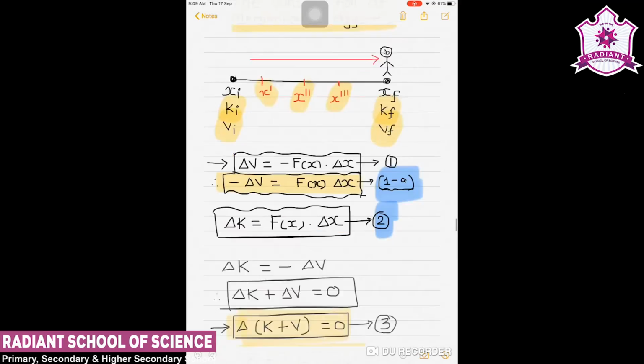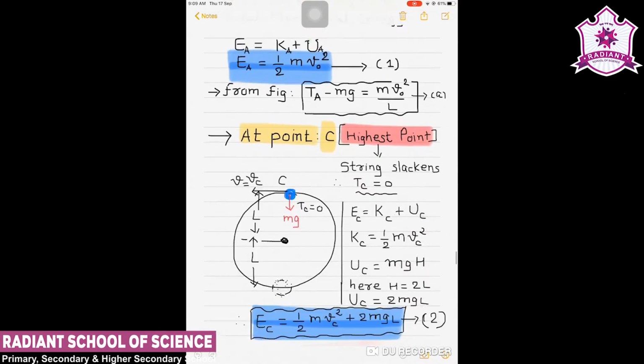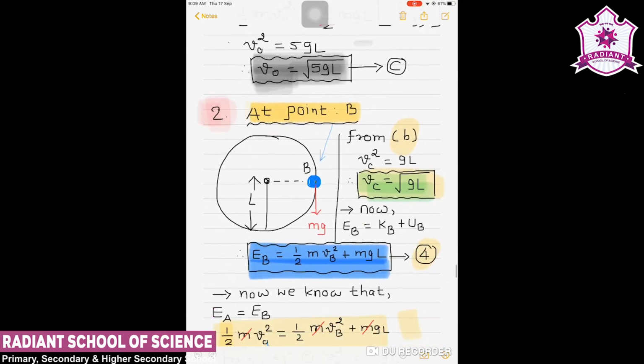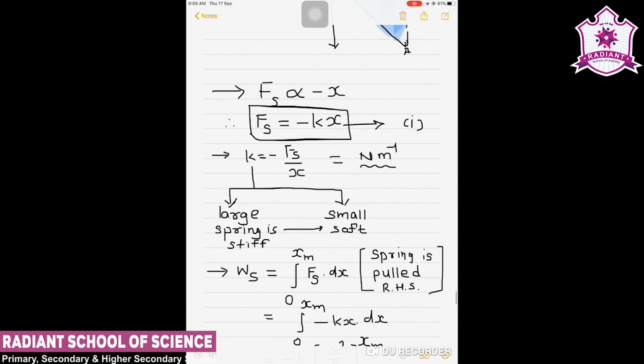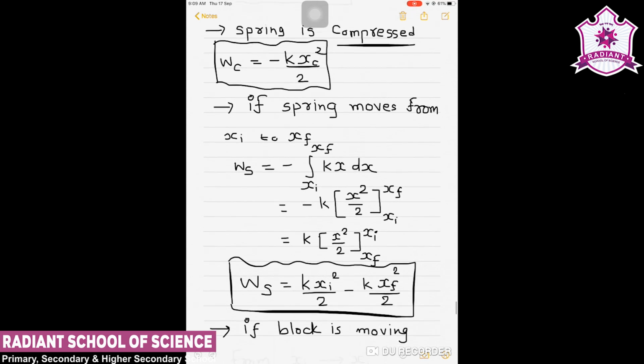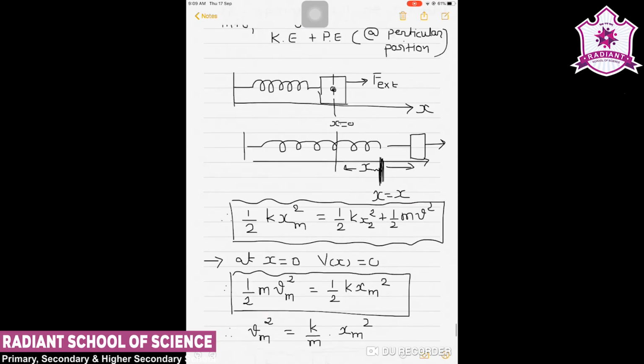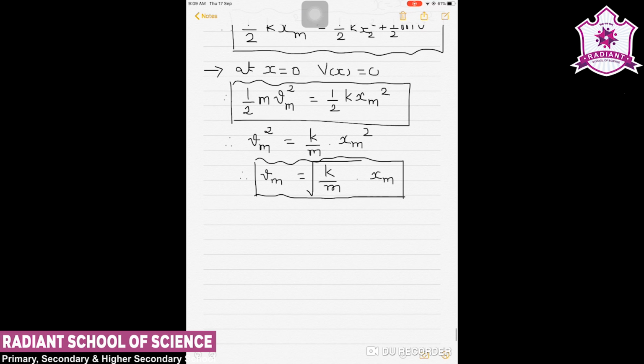You see that k itself is Newton per meter. So here we can compare the condition k by m.